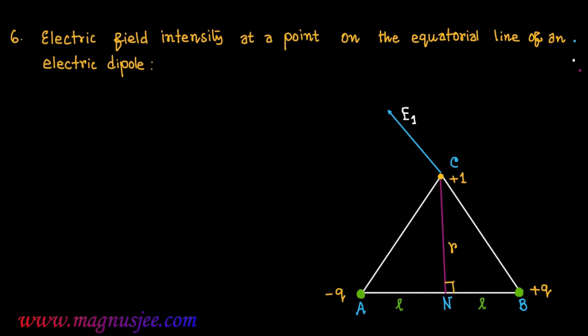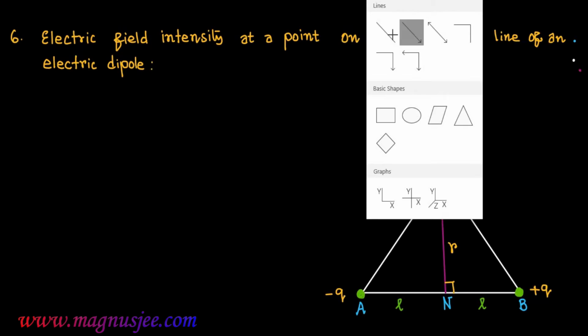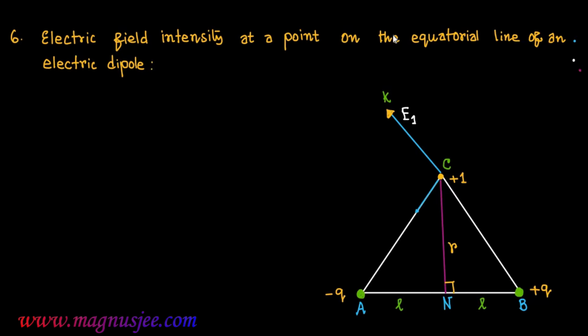The unit positive charge, plus 1 charge at the point C, experiences an electrostatic force. E1 is the electric field intensity at the point C due to plus q charge of the dipole AB. This field intensity E1 acts along CK, that means away from the plus q charge of the dipole.